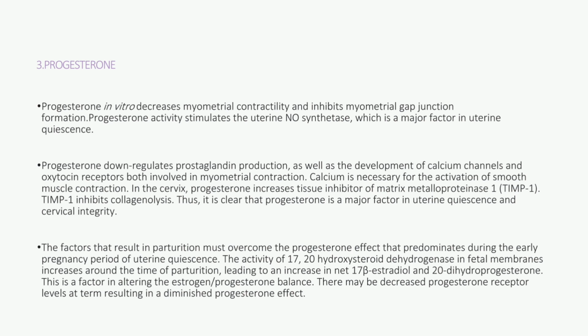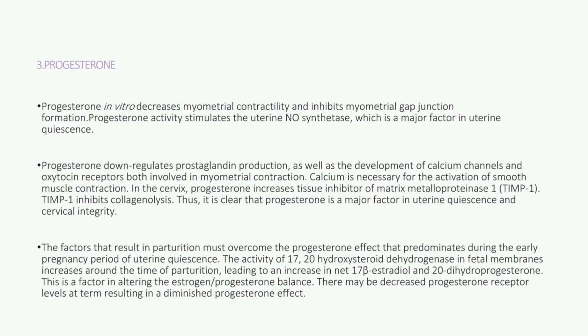Progesterone activity also stimulates uterine nitric oxide synthetase, which is a major factor in uterine quiescence. And progesterone downregulates prostaglandin production as well as the development of calcium channels and oxytocin receptors, both of which are involved in myometrial contraction. So calcium is necessary for the activation of smooth muscle contraction.